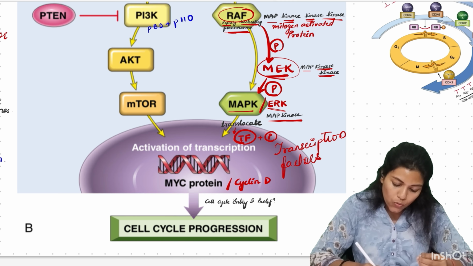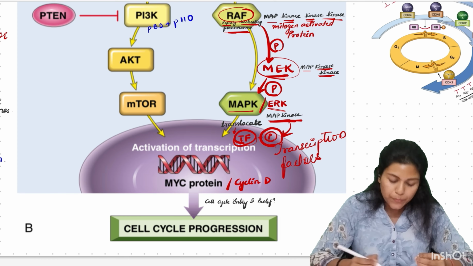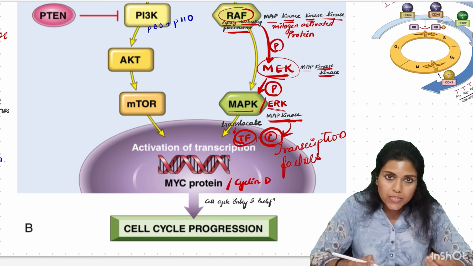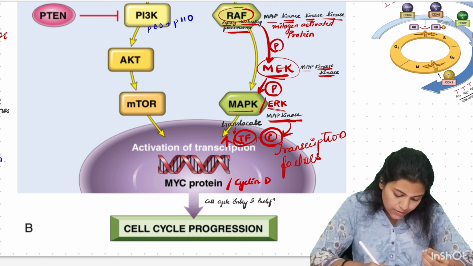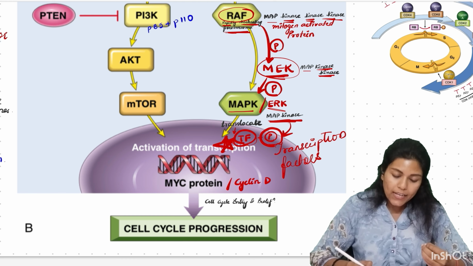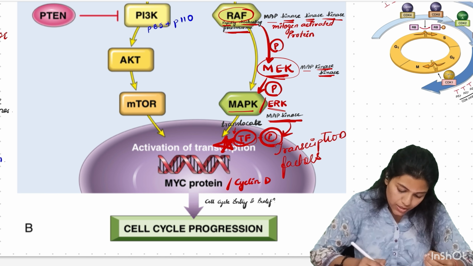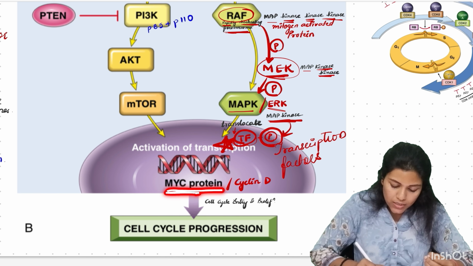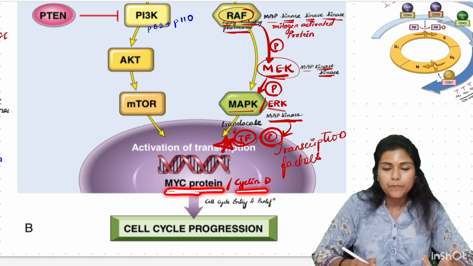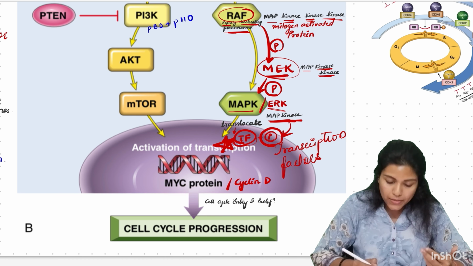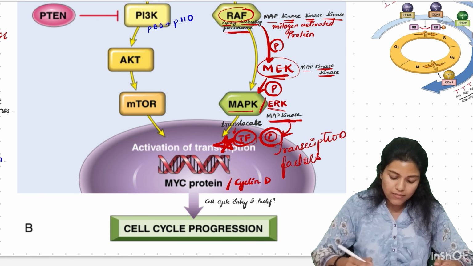Transcription factors are also phosphorylated. This kinase will add phosphate to the transcription factors. Now the transcription factors got activated. And activated transcription factors will cause expression of certain genes like MYC protein and also cyclin D.